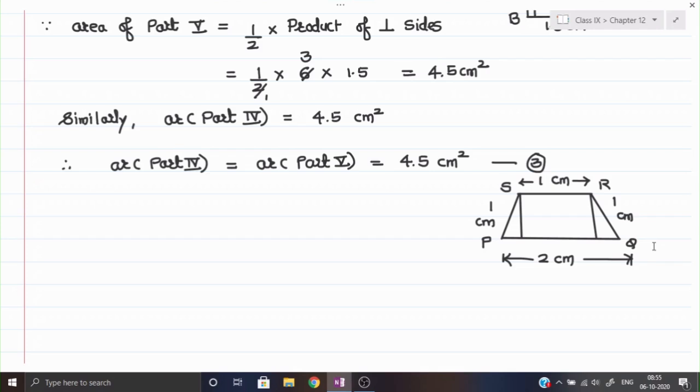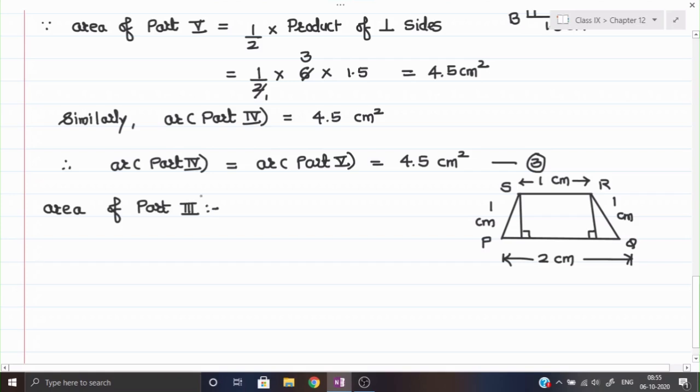So we shall find out the area of these three parts and then we shall get the total area. Okay, so this will be a perpendicular. This is also perpendicular and this one is also perpendicular. Here I am giving the heading area of part third, because that part is remaining here. So area of part number third, that I am finding now.